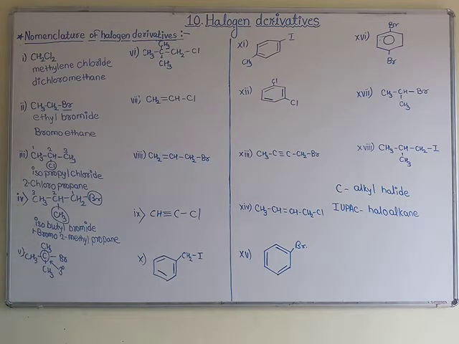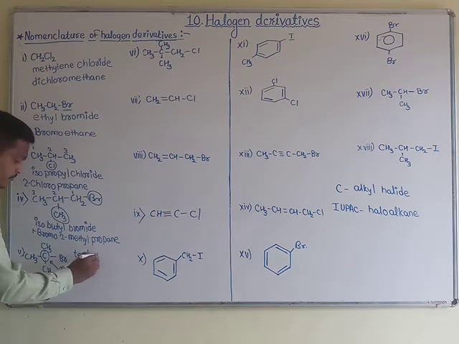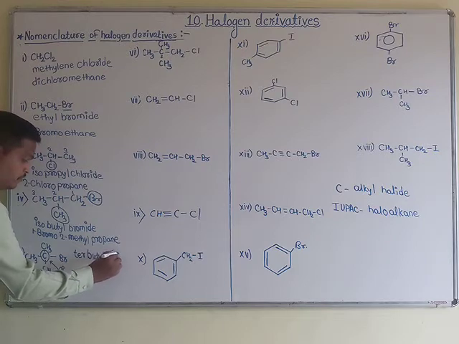So to give the common name, we use the name tertiary. How many carbons are present? 4. Therefore, butyl is the alkyl group, and the halogen is bromine. Therefore, tertiary butyl bromide.